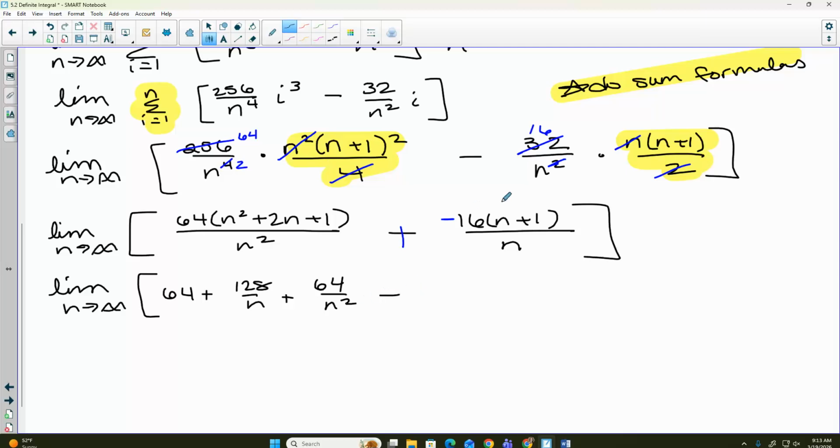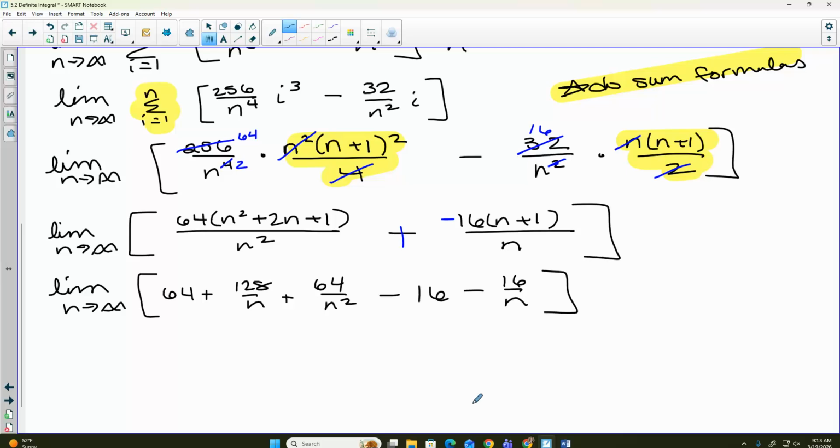So minus 16n over n, 16, minus 16 over n. Have I lost anyone?